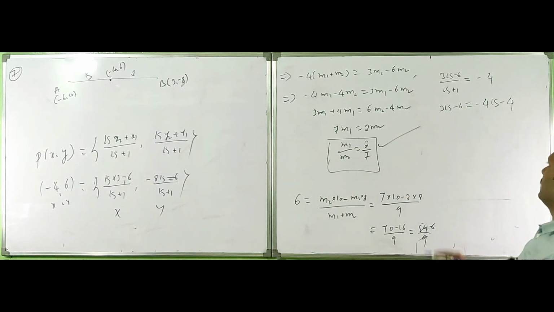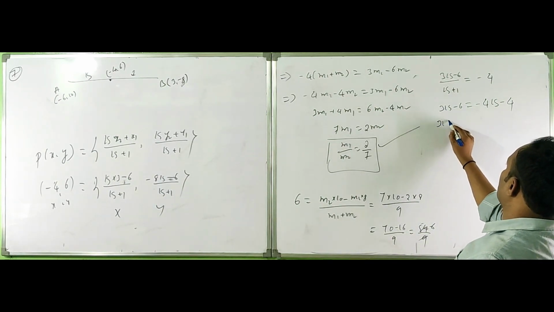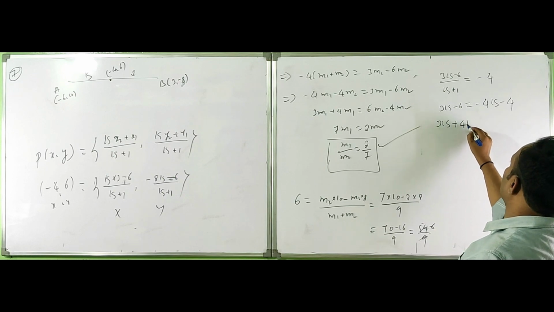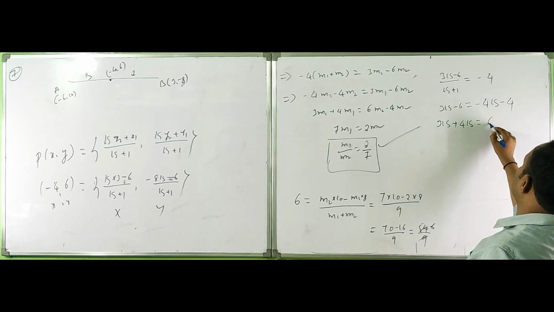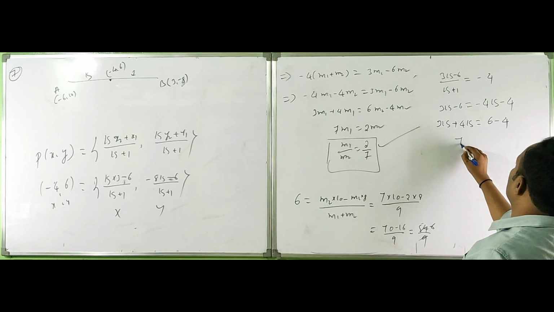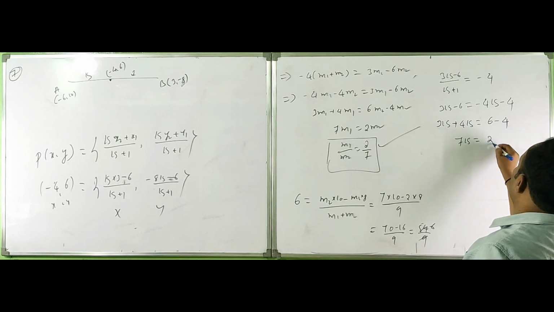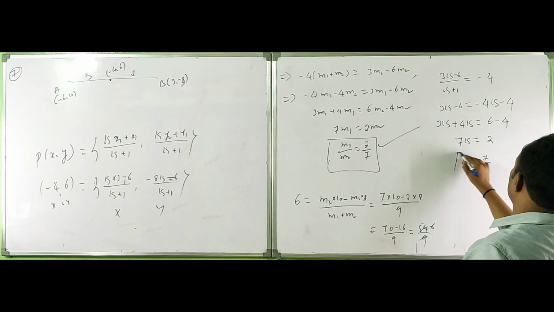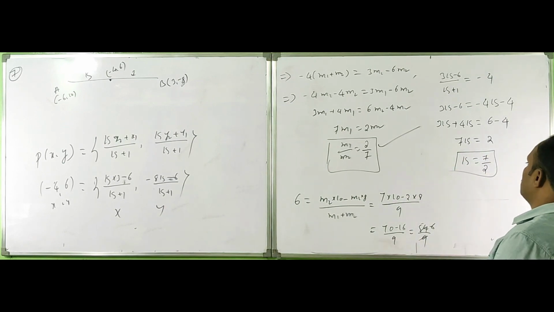Cross multiplication. Bring k this side: 3k plus 4k is equal to 6 minus 4, 7k is equal to 2, k is equal to 2 by 7.